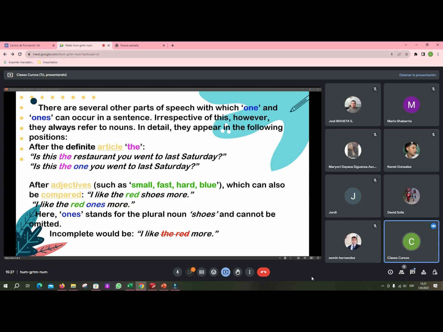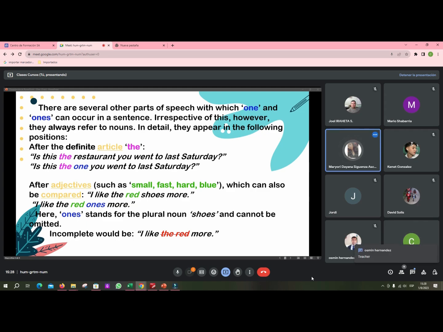If you want to replace the noun restaurant and use one, because it is singular, you also need to use the article. So: Is this the one you went to last Saturday? Don't erase the article in that case. You need to use it, right? Okay.